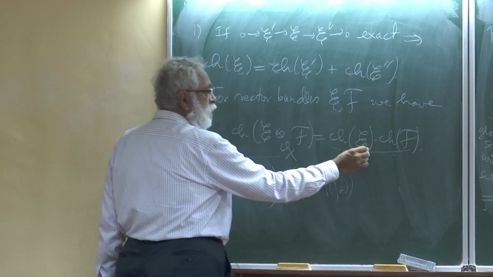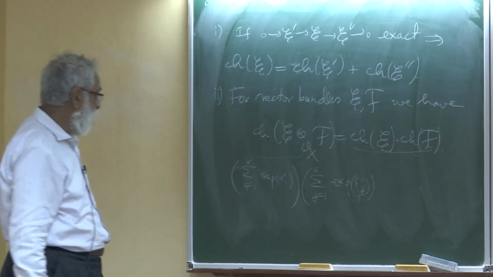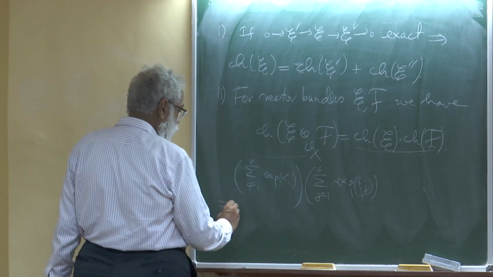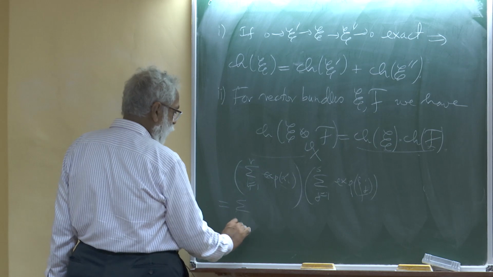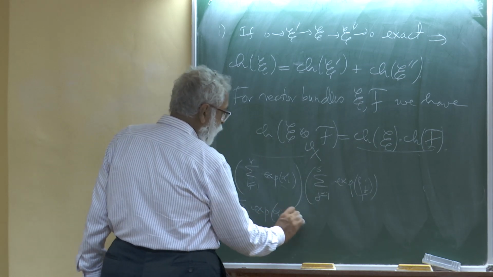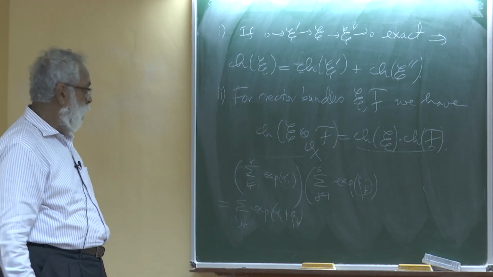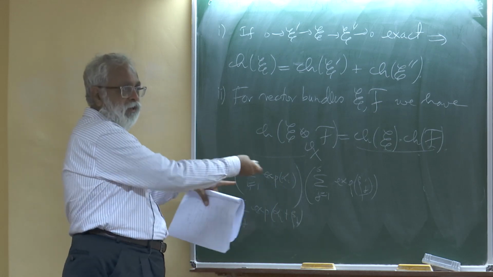The alpha i's are the Chern roots of E and the beta j's are the Chern roots of F. There's no reason the ranks are comparable in any way. Then this is of course the sum over i, j of exp of alpha i plus beta j, right? It's bilinear, expanded out.